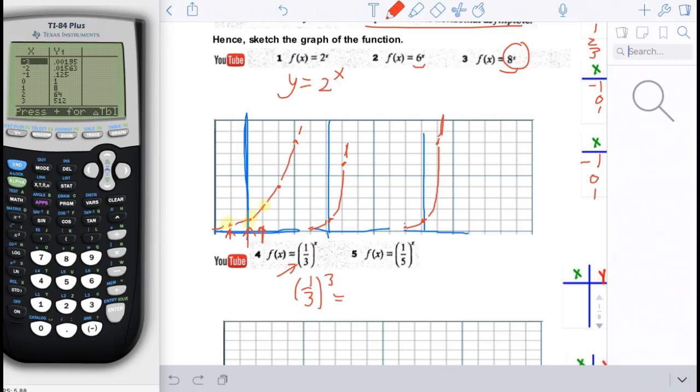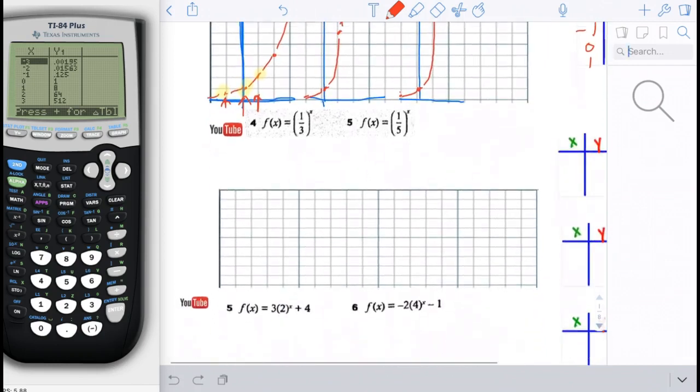That would mean that I'm doing 1/3 times 1/3 times 1/3. So you can do that with any kind of number, even if it's a fraction or less than 1. The only thing you're not going to do that with is a negative number in this case, okay? And we'll talk about why you don't do that later.